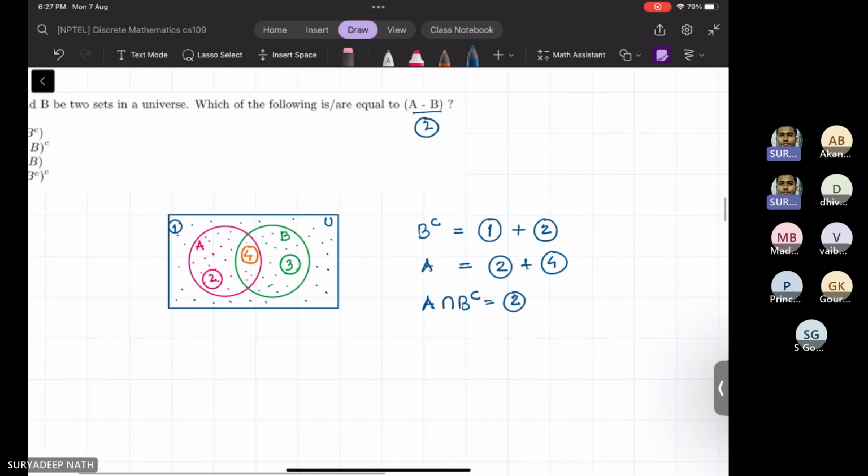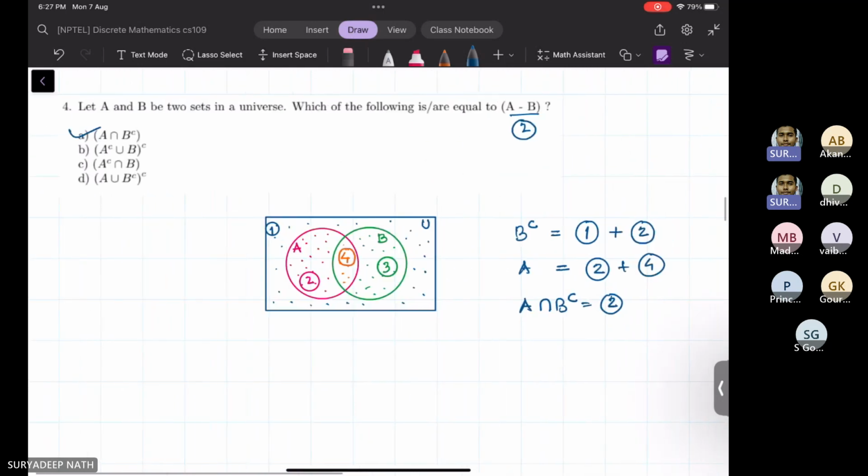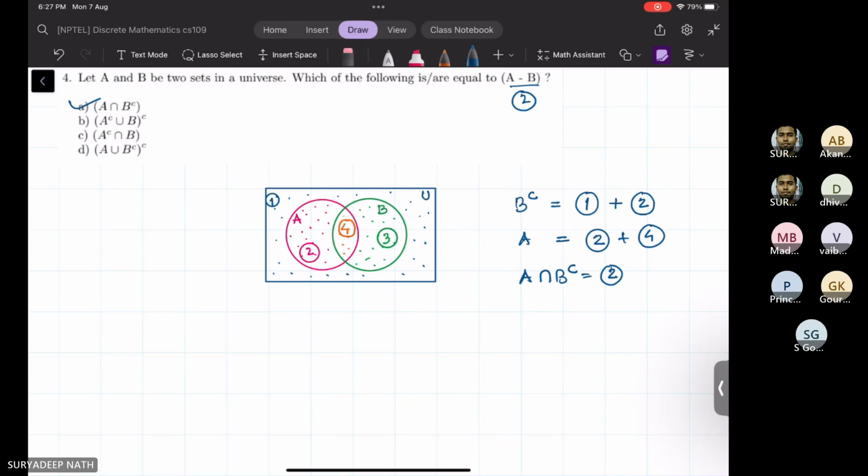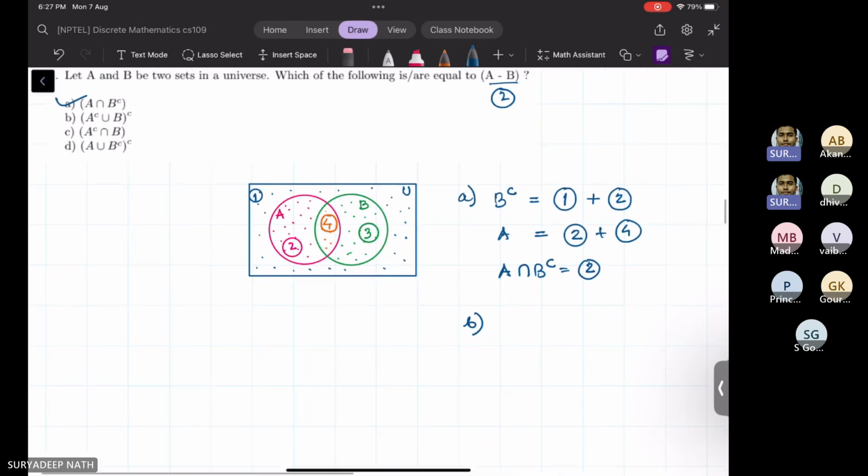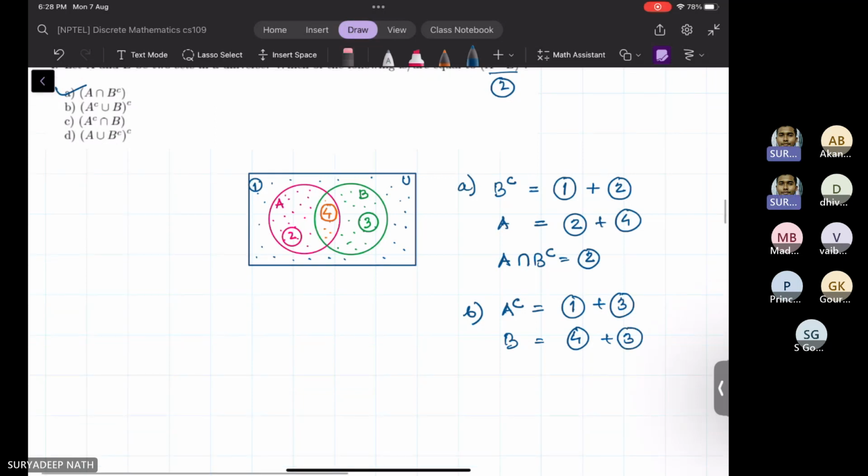What is A complement? So coming to option B, if we check B, A complement would be anything outside of A, that is 1 plus 3, and B is 4 plus 3.